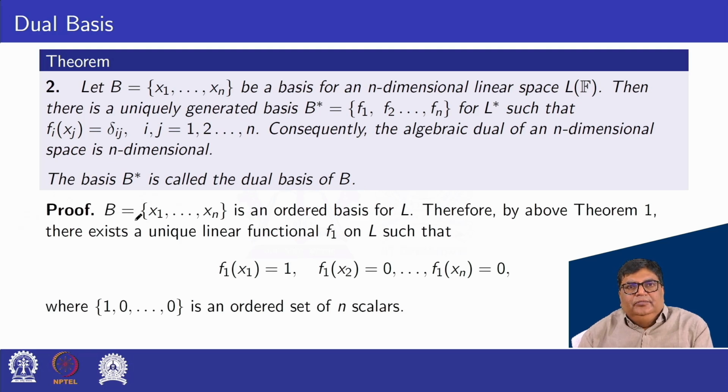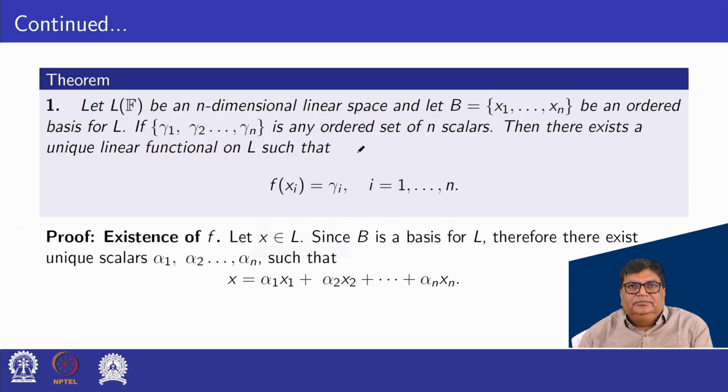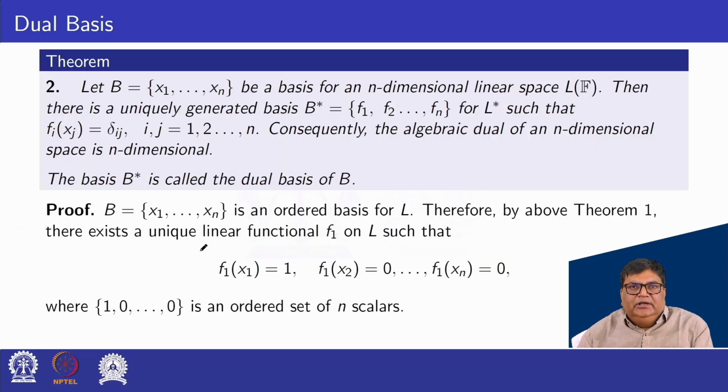Proof: B is equal to x1, x2 and so on xn is an ordered basis for L. Therefore, by the above theorem 1, there exists a unique linear functional f1 on L such that f1(x1) is equal to 1, f1(x2) is equal to 0 and so on, f1(xn) is equal to 0.